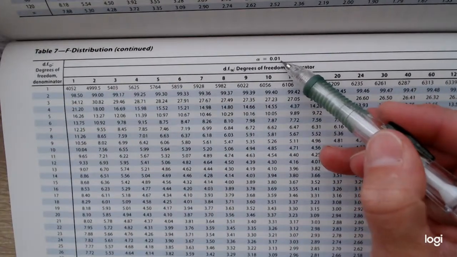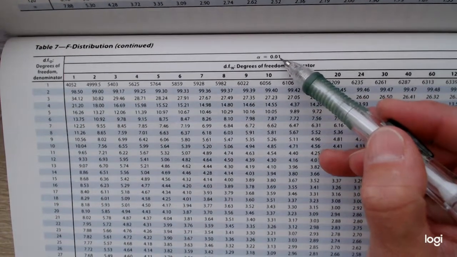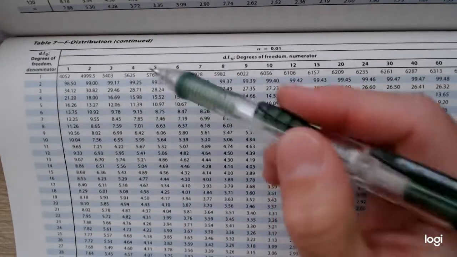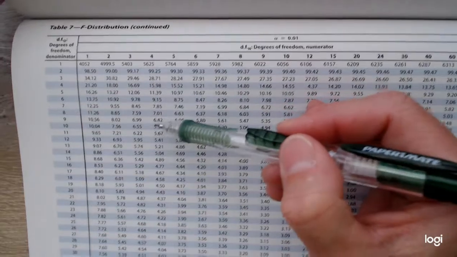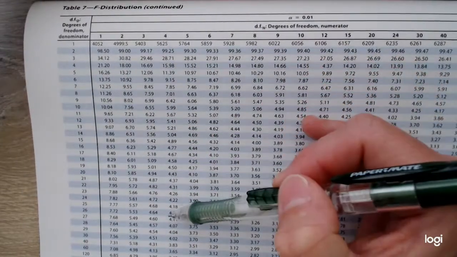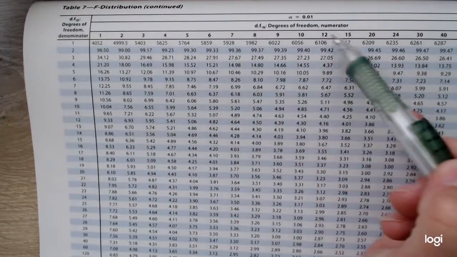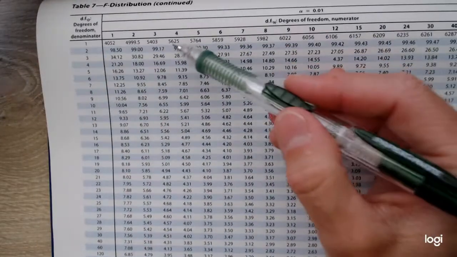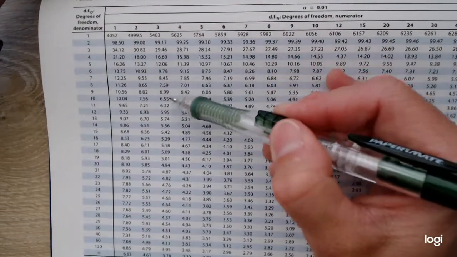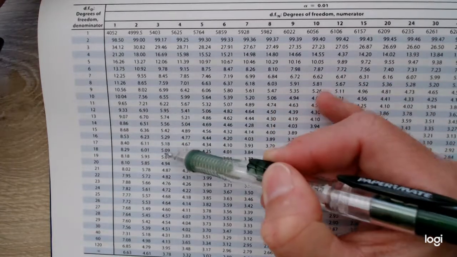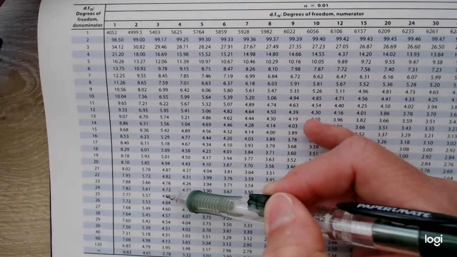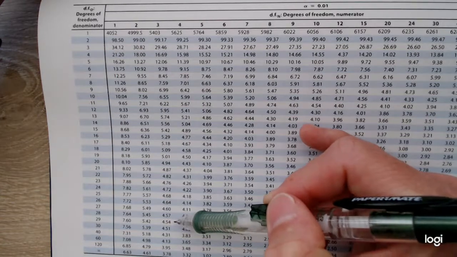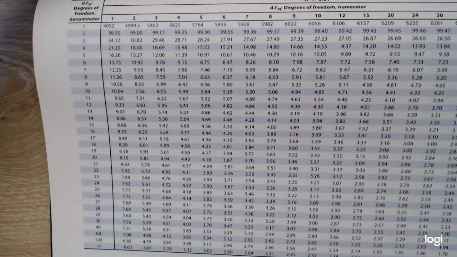Okay, so my level of significance was 0.01, and then you need to read across for the numerator degrees of freedom and down for the denominator degrees of freedom. So that was 3 for the numerator and 29 for the denominator. All right, looking at this, I get a critical value of 4.54.